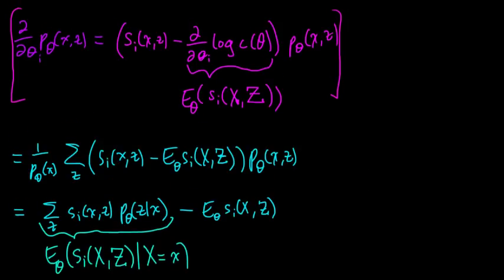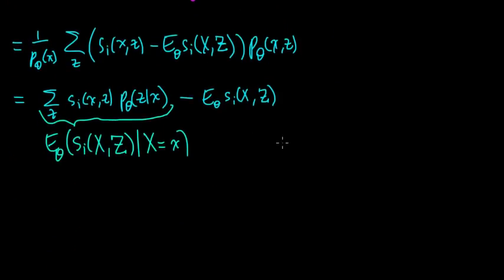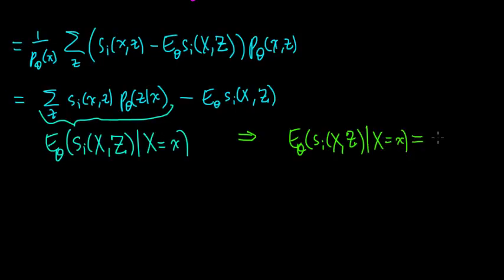When we solve here and move this over to the other side, this implies that the conditional expectation of the ith sufficient statistic given X equals little x equals the expectation under theta of the ith sufficient statistic.